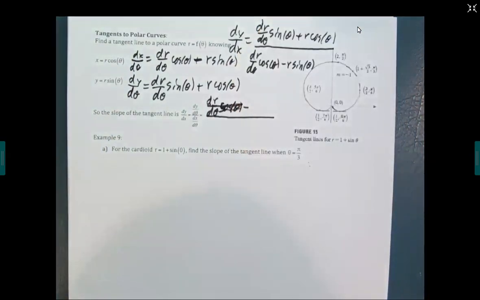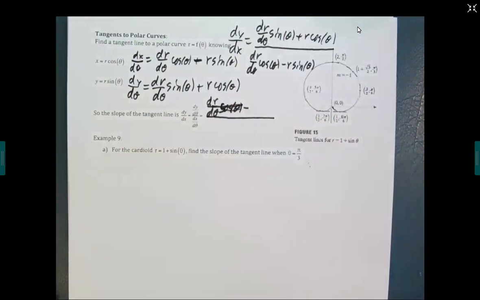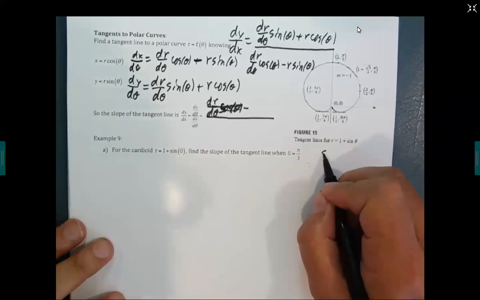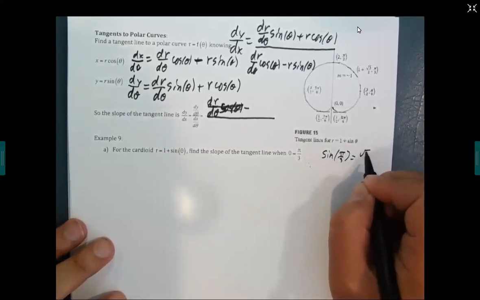All right, so now the cardioid that we just drew, we're going to say, find the slope of the tangent line when theta equals pi over 3. Now, before we jump into that, I want to point out that sine of pi over 3 is root 3 over 2.